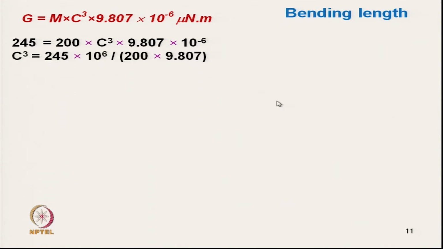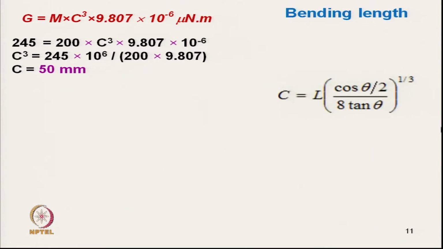We can calculate the bending length from all the given data, and here the bending length comes out to be 50 millimeter. From this data we have calculated the bending length, and from there, using the formula given by Peirce, as we have discussed earlier, C is known and theta is known, theta here is 10 degree.